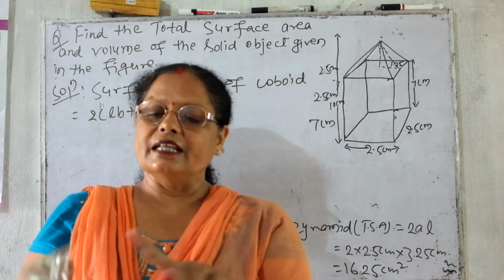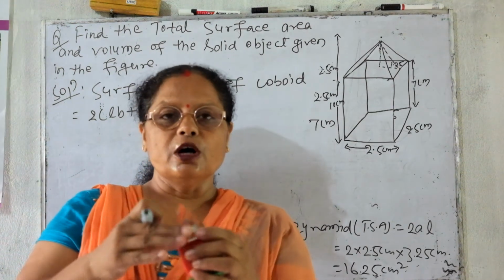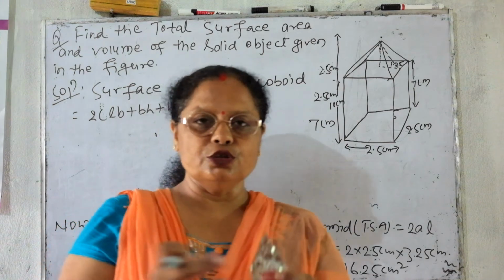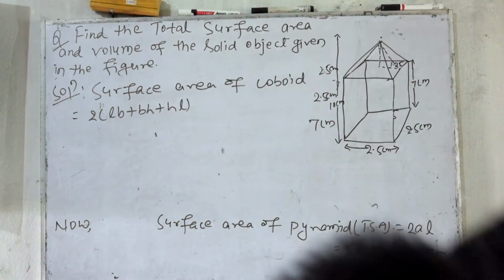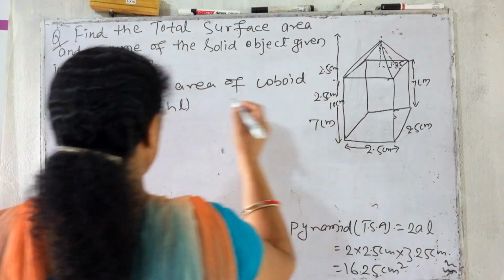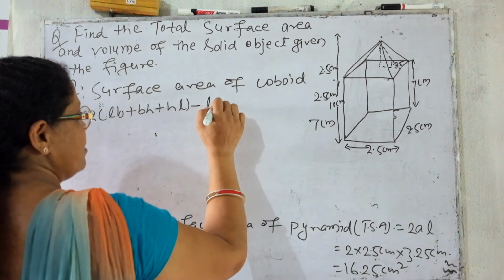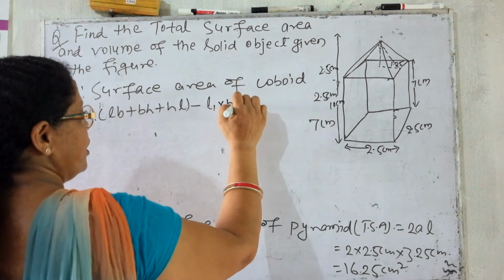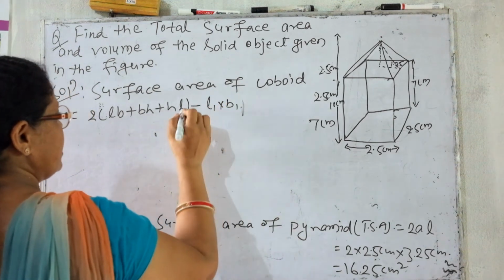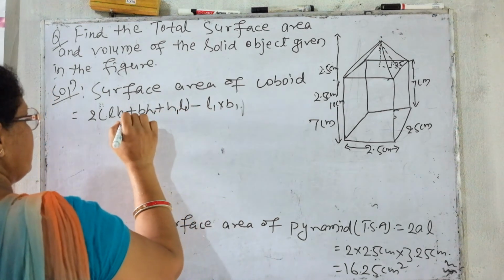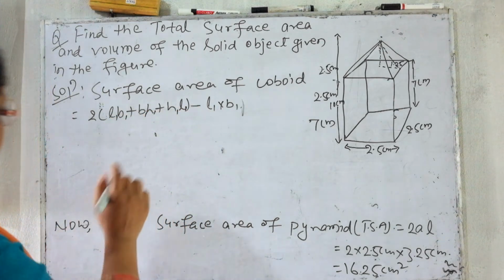This part and this part are combined, so we have to subtract L1 into B1. Here also we can write H1 and B1.